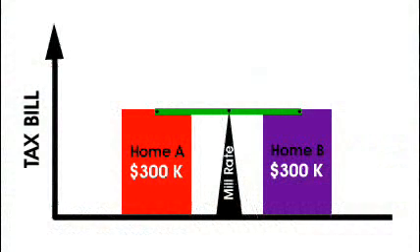In that situation, the mill rate would be applied to each home's value, and it would turn out, of course, that each of the homeowners would pay the same amount of tax. Now imagine the next year they did another property value assessment. I'm not sure that it happens that quickly, but let's just say they did. And imagine that, again, the mill rate has not changed and will not change for the next 9 years.